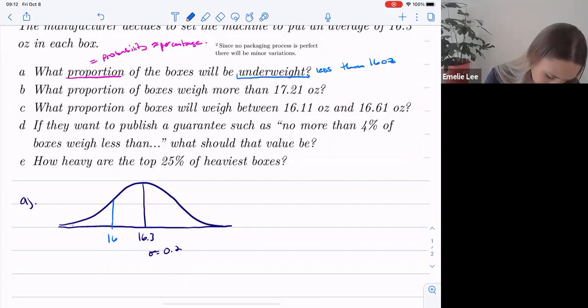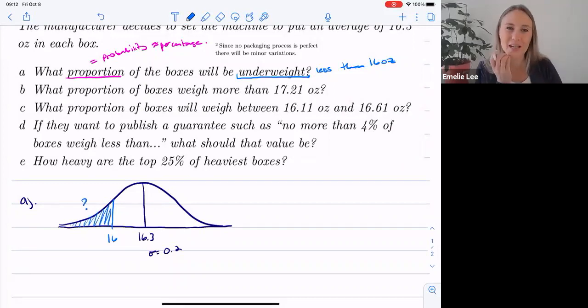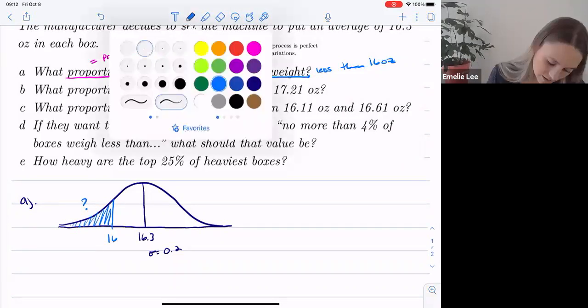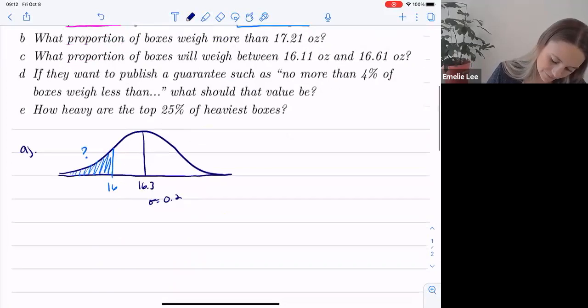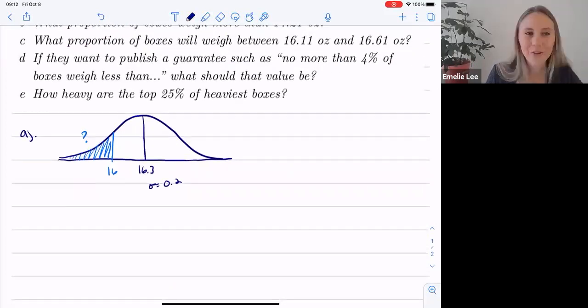Okay, so what I want to find is this area. We know how to find areas under the curve: we need the Z table, but in order to use the Z table, we need to find the Z score. So I'll go through that thought process here for the first one.